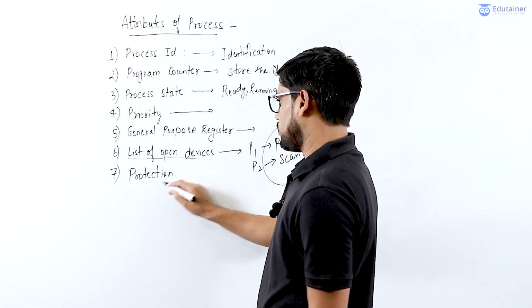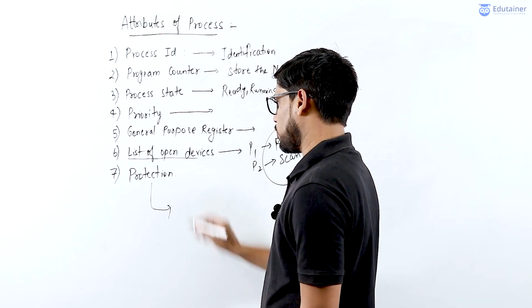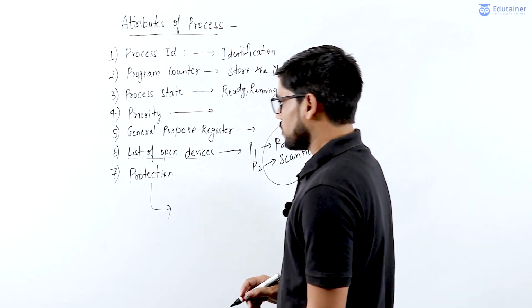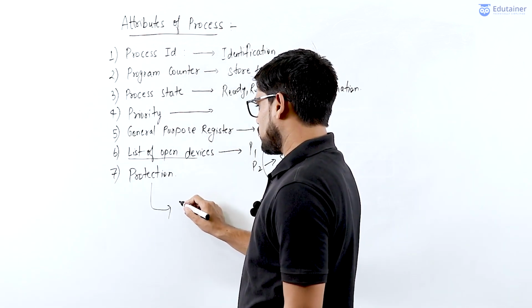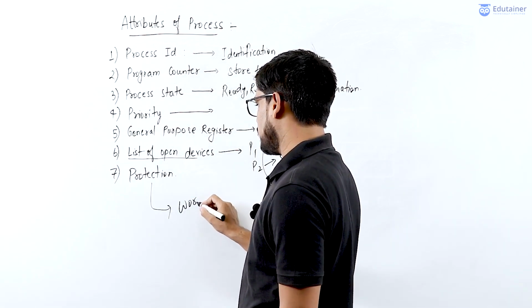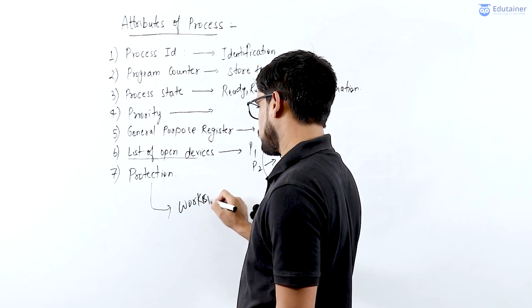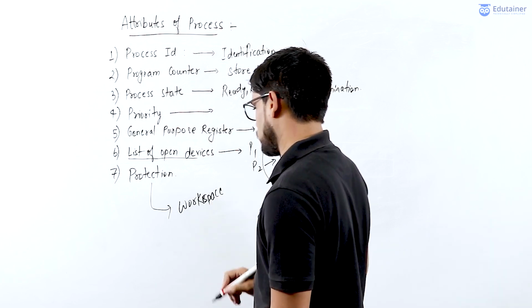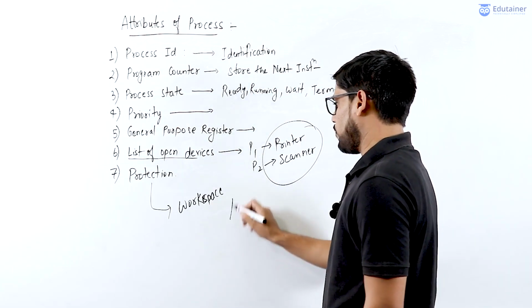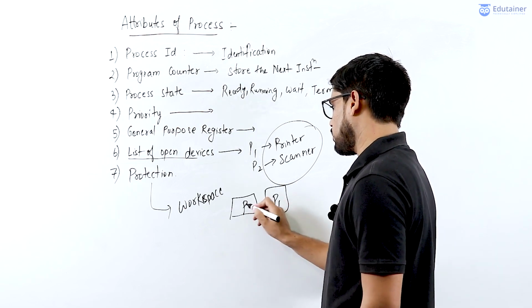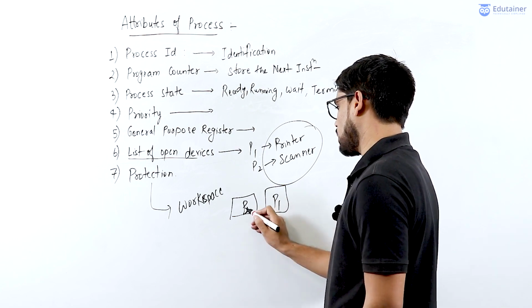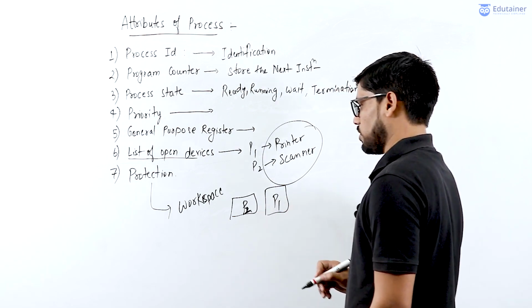And the last attribute or last property is protection. Protection means workspace protection, which means every process workspace is protected from other processes. For example, let's say we have two different processes, P1 and P2. Process P1 will use its own workspace, and process P2 will use its own workspace.